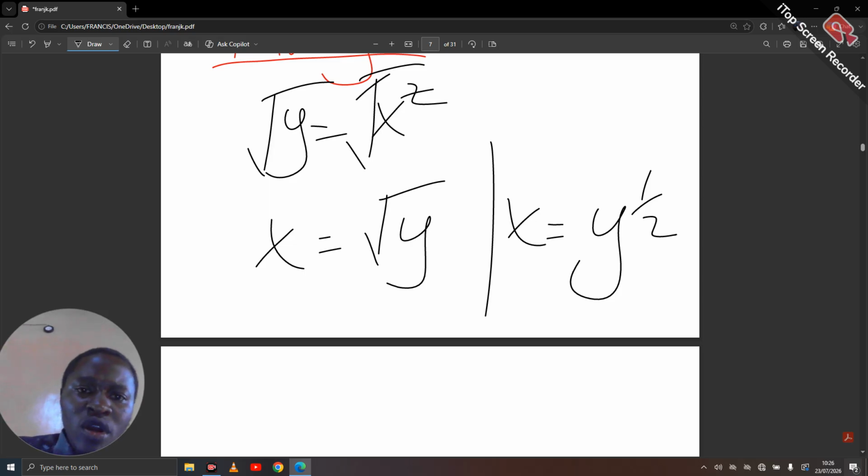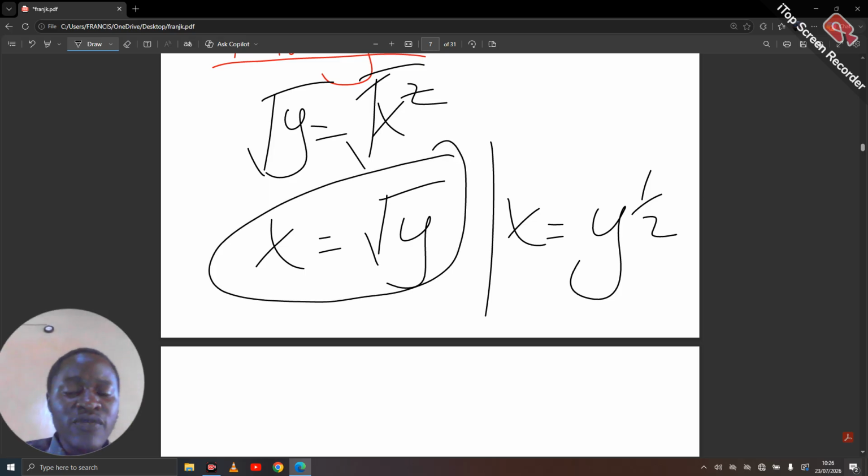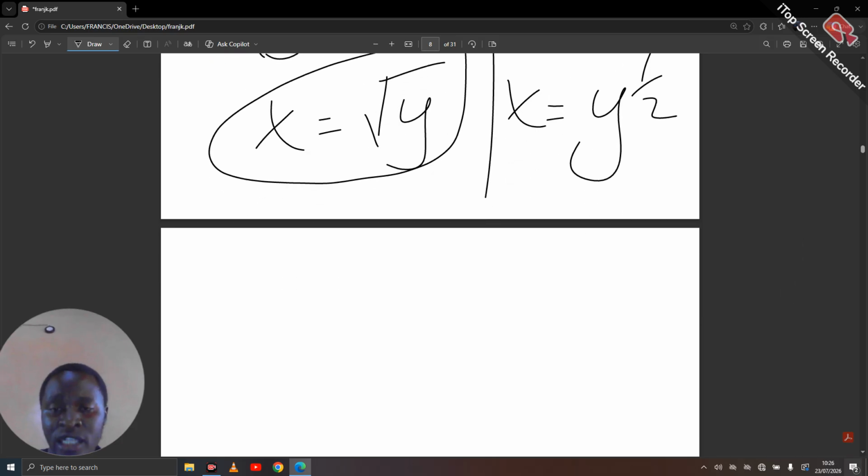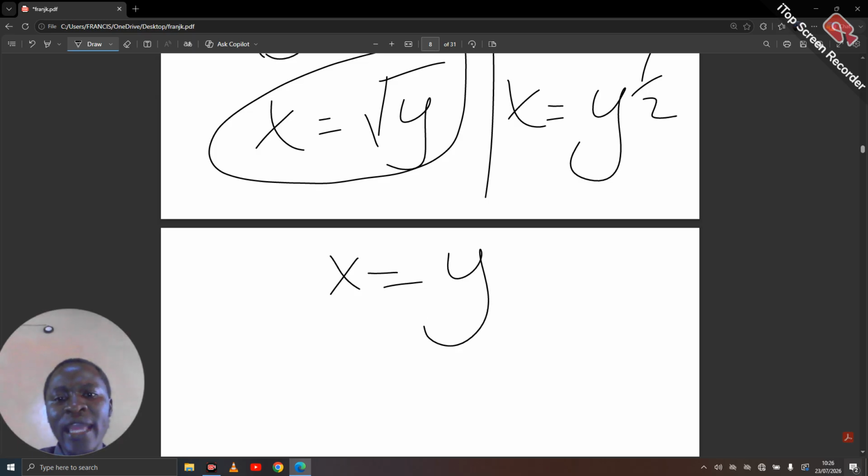It is not wrong to leave your answer in this format, but it is advisable to simplify your answer to something more reasonable. So in that case, you make x the subject of the formula: x is equal to y power a half.